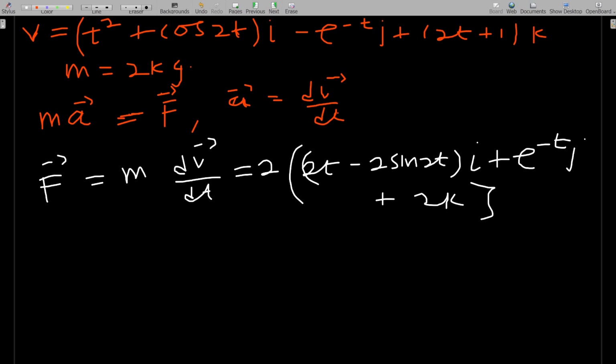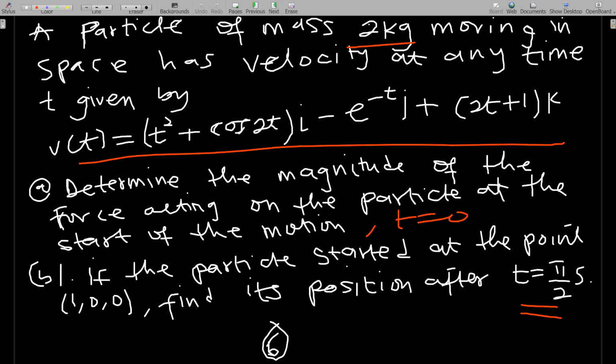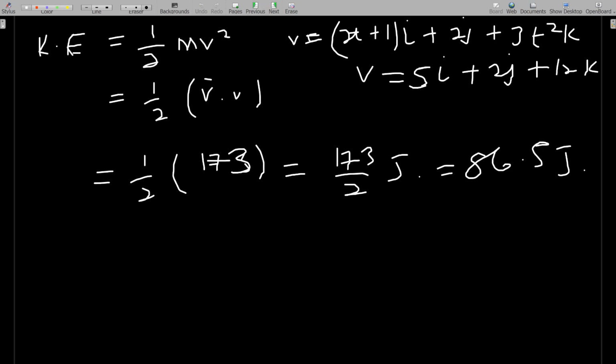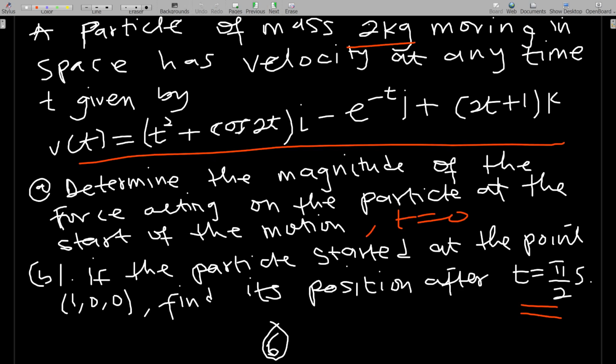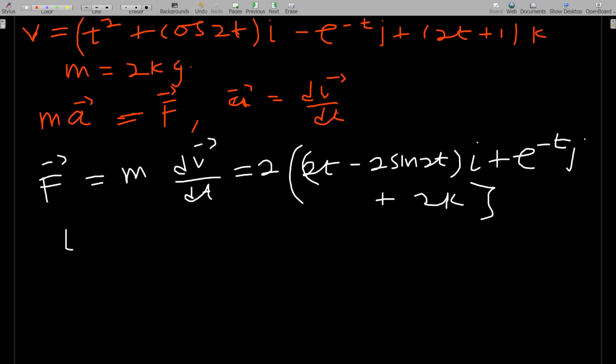The question says at the start of the motion, t equals 0. So at t equals 0, I have my f equal to 2 into this whole thing, which will give me 0 for the i part, then 1 for the j part, since e to the power 0 is 1, then plus 2k.